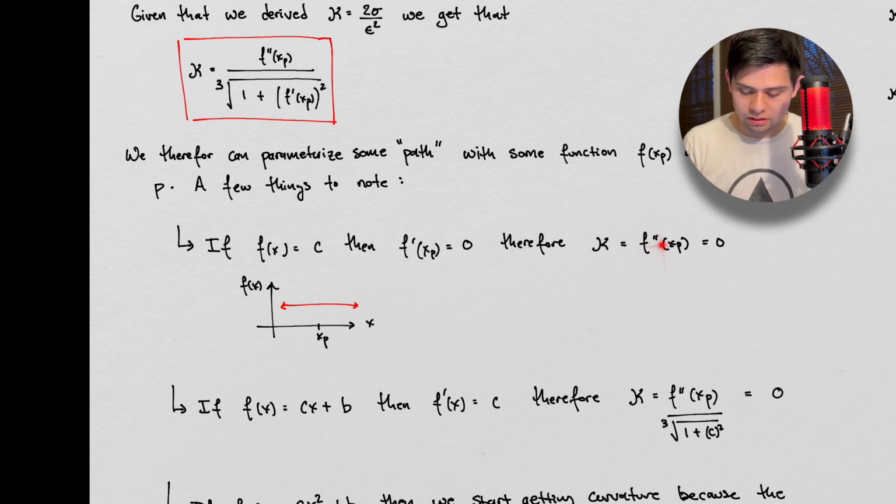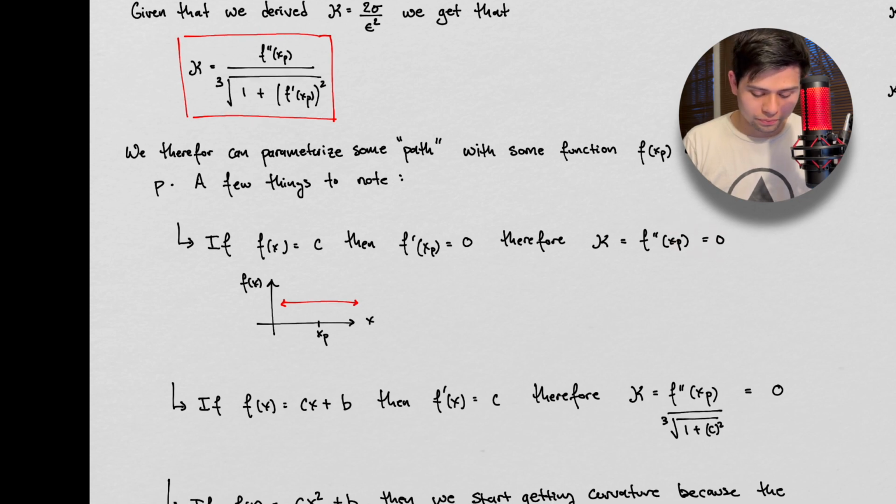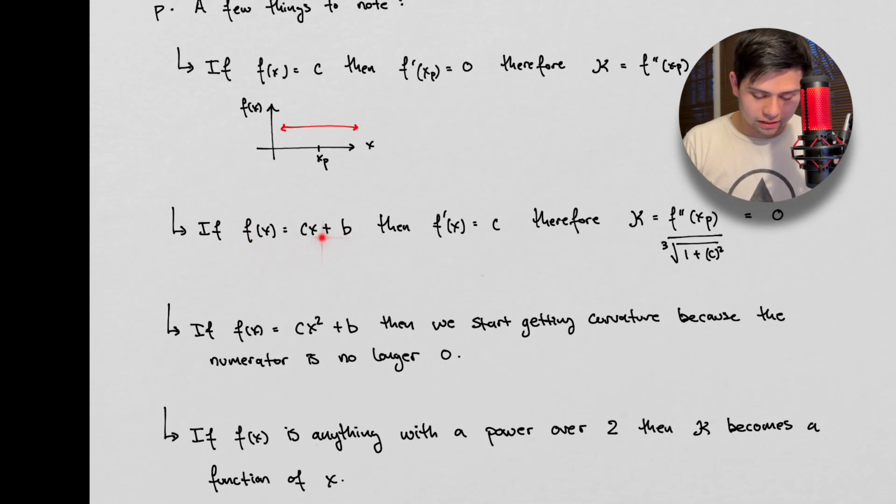But if it's just a constant, then the double derivative of a constant is just 0. If f of x equals cx plus b, then we get this, and therefore we have this relationship. Okay, but that's also going to be 0 because, again, the double derivative of this is just going to be 0.